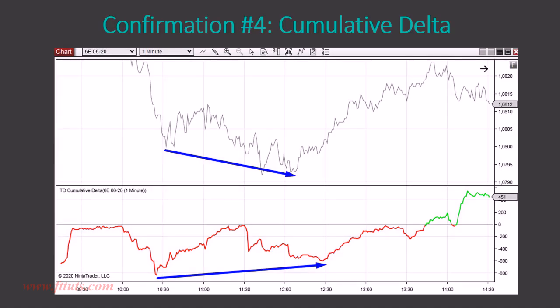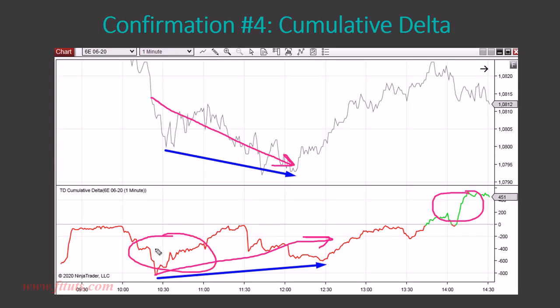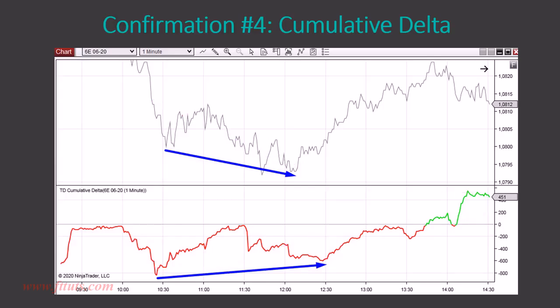So let's now have a look at some more examples of this. In here the price was going downwards, delta was going upwards. Now you don't really need to pay much attention to the color of the delta, whether it's red or green, because it doesn't really give you any information. Only thing you need to pay attention to is which way it is heading, right?